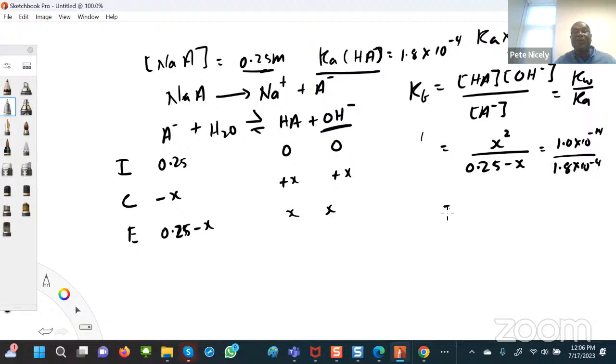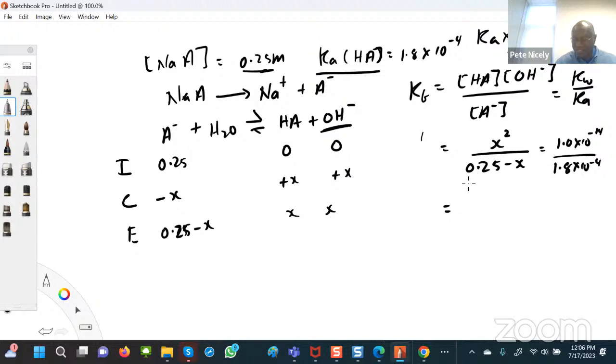So this would be equal to 1 times 10 to the minus 14 divided by 1.8 times 10 to the minus 4. According to my calculations, this works out to be equal to 3.7... Oh, something is wrong here. Hold on. 1 times 10 to the minus 14 divided by 1.8 times 10 to the minus 4. Okay, I knew something was wrong.